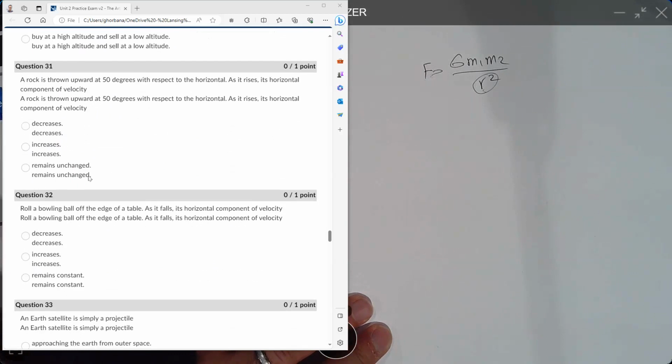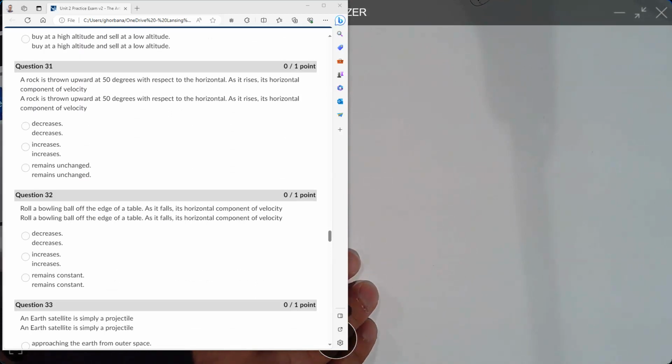31. A rock is thrown upward at 50 degrees with respect to the horizontal. As it rises, the horizontal component of the velocity is unchanged. We already discussed this.